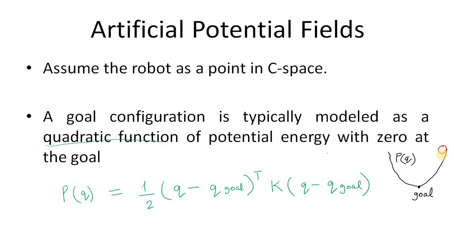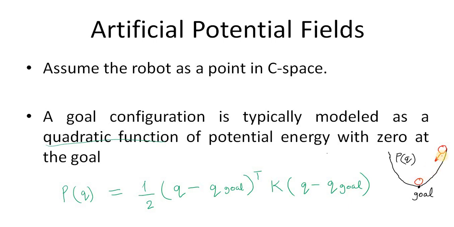What will happen? The ball will experience a force in this direction, and it will start moving downward. It will reach here, and then it will finally stop here at the goal.